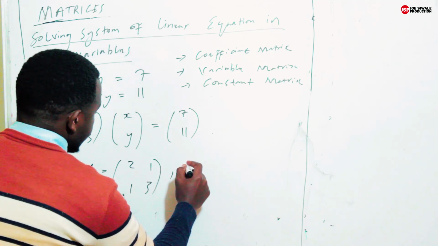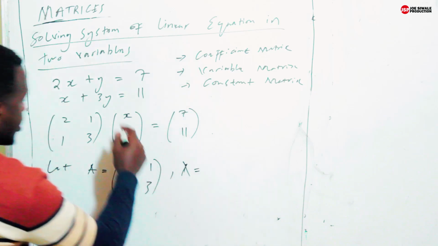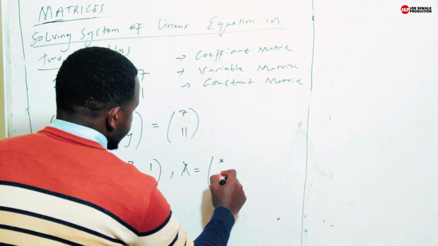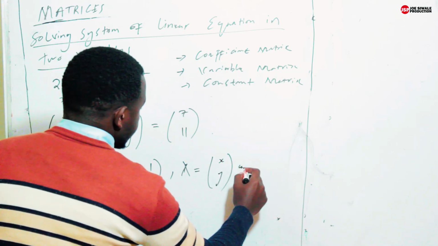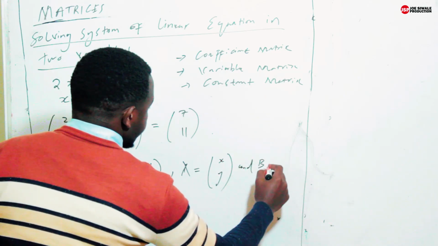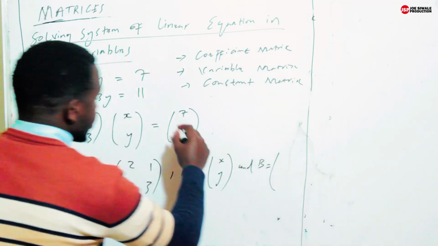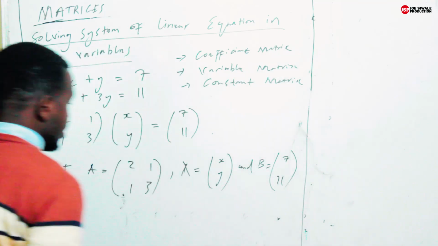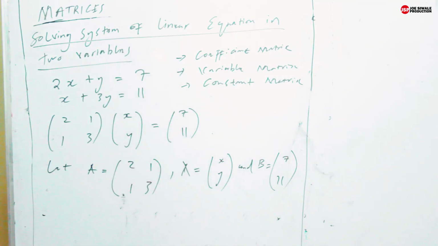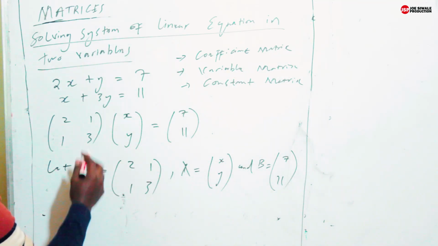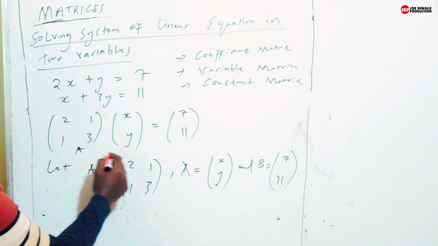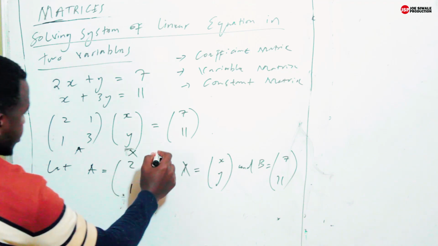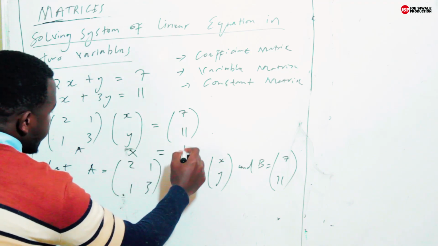Then if we say our x represents the variable matrix, which is x, y, and B represents the constant matrix, which is 7, 11. So from this equation, we have our A, our B and our x. So this is going to produce B.